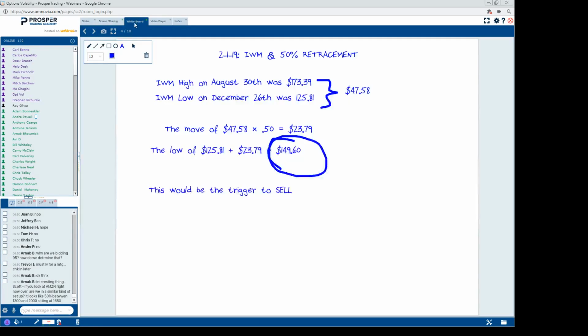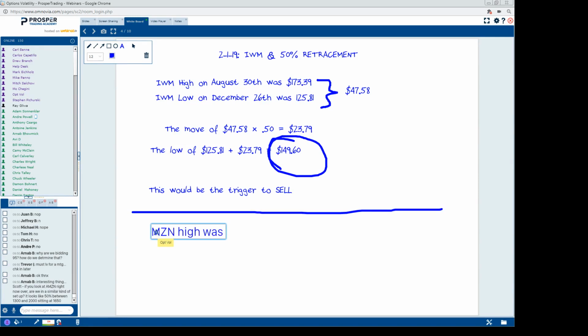So let's do this same calculation, and then I'm going to show you why this would or wouldn't be a signal here. Amazon high was 2050 and low was 1310. So that difference is 740 points.